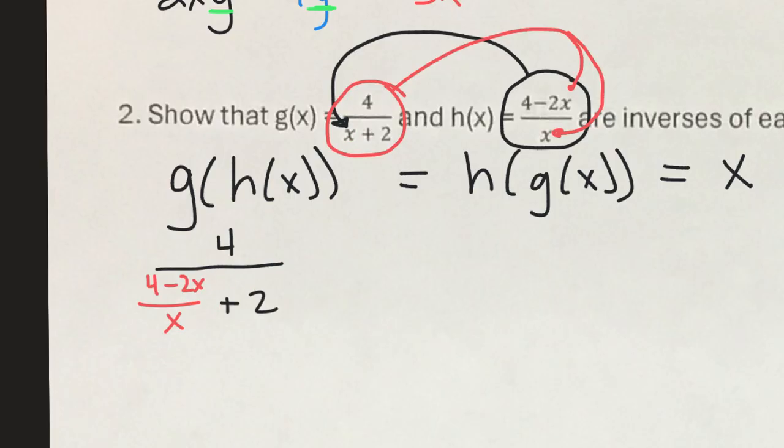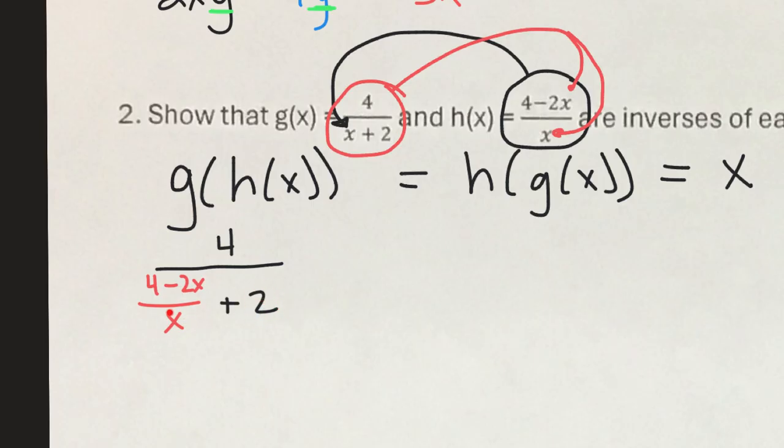Now comes the hard part, is having to simplify this, showing all the work. I know it's supposed to be x in the end, but how do I get there? So hopefully you notice that I have a fraction plus a number. I can't add a fraction to a number unless I change this to also be a fraction.